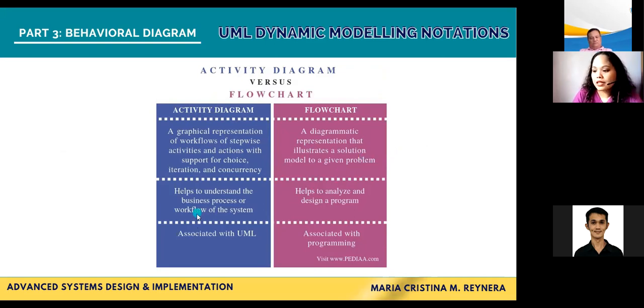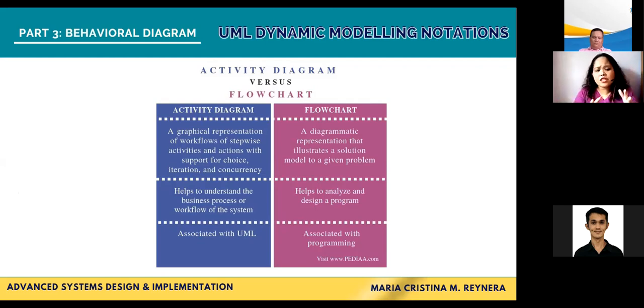The activity diagram helps to understand the business process flows, while the flowchart focuses on designing. Lastly, the activity diagram is connected with UML, and the flowchart is associated with programming.